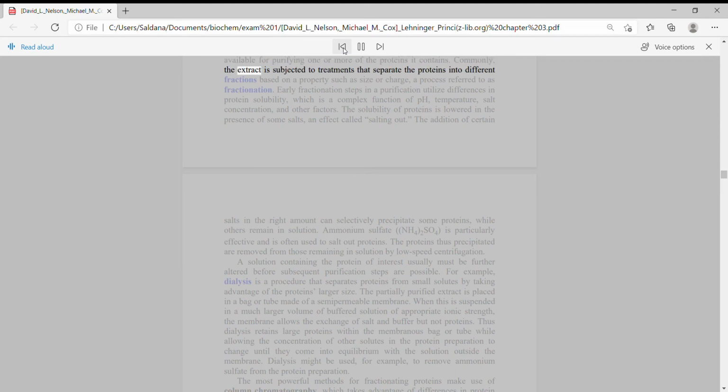Commonly, the extract is subjected to treatments that separate the proteins into different fractions based on a property such as size or charge, a process referred to as fractionation. Early fractionation steps in a purification utilize differences in protein solubility, which is a complex function of pH, temperature, salt concentration, and other factors. The solubility of proteins is lowered in the presence of some salts, an effect called salting out.